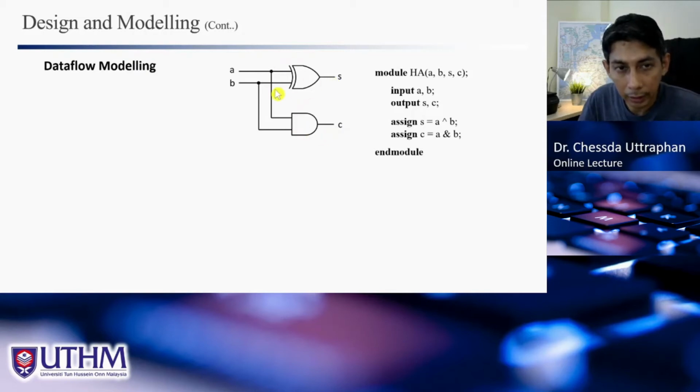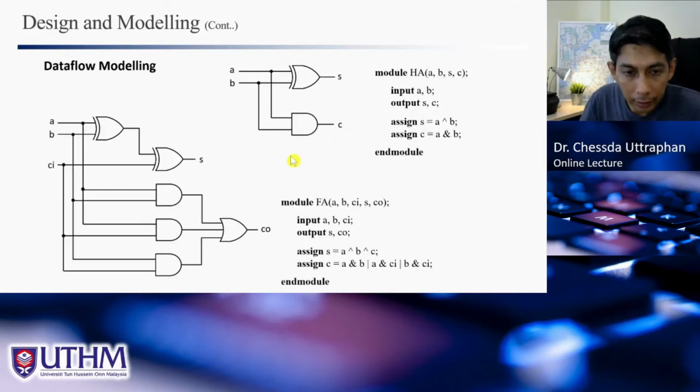The half adder comprises one XOR gate and one AND gate like this. So S is equal to A XOR B, and we use the assign keyword. Assign C equal to A and B, and we get this circuit. And this is data flow modeling.